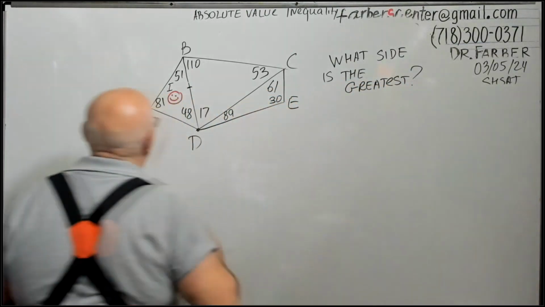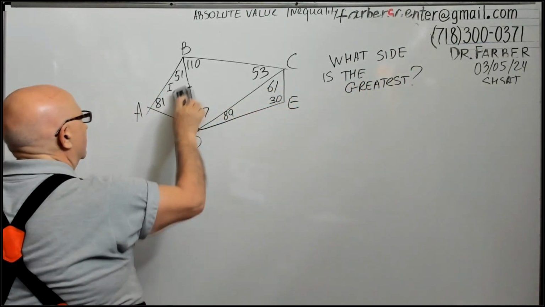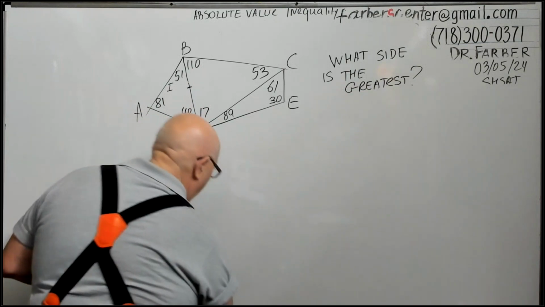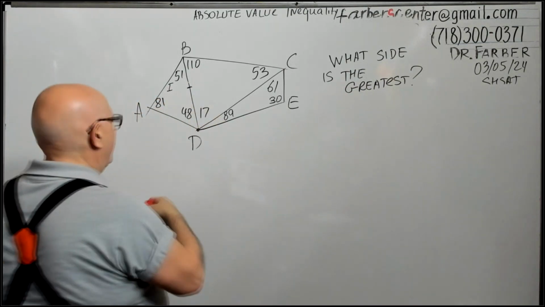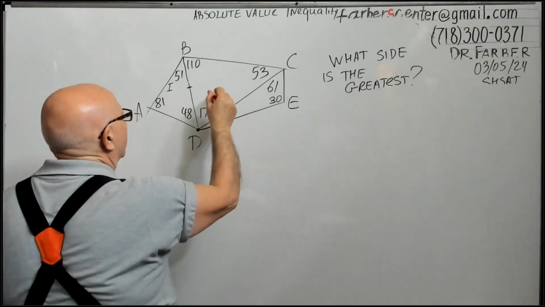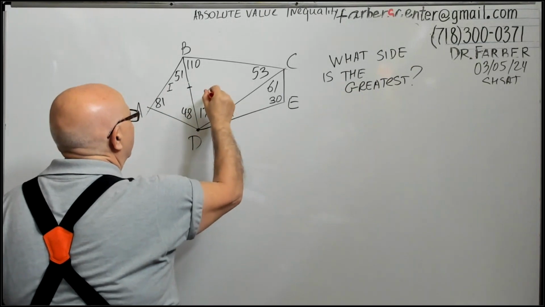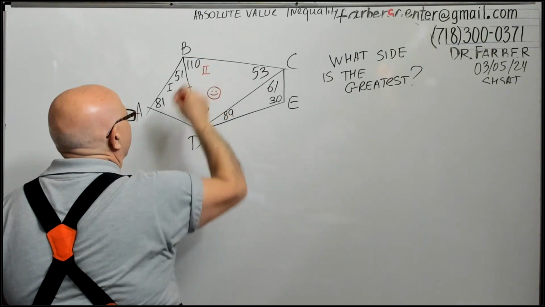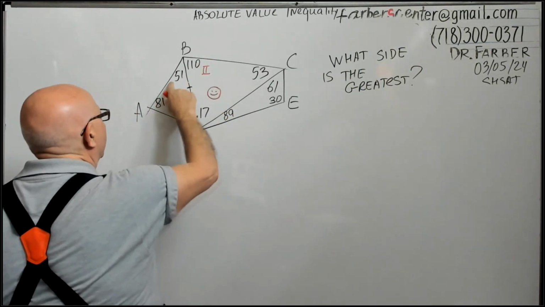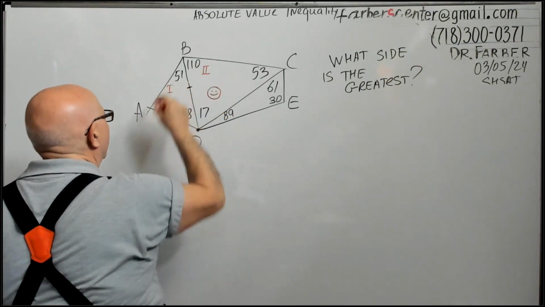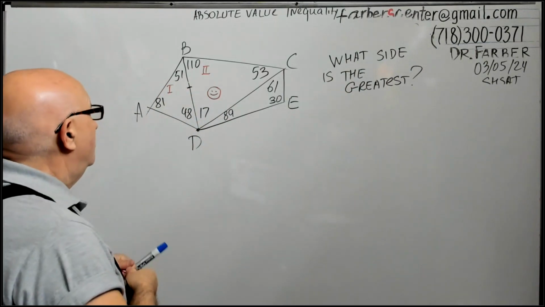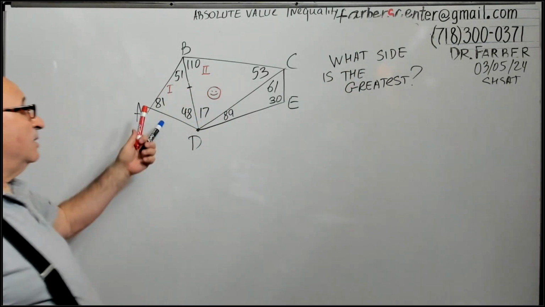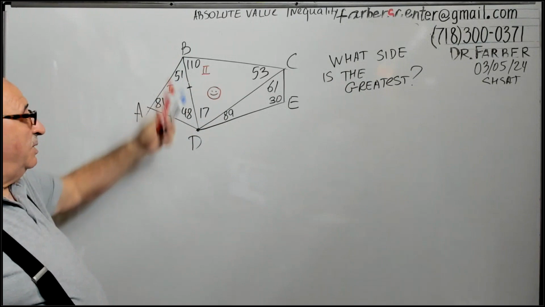Now this Colobok rolls over, and now this Colobok or Gingerbread Man is very happy. This is triangle number 2, and this is triangle number 1. Remember, in triangle number 1, the greater side was BD.